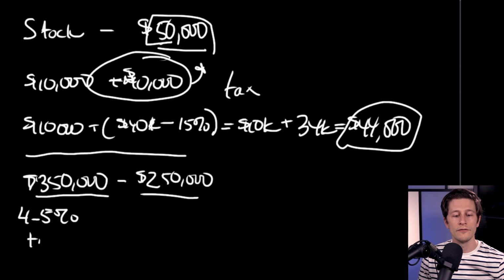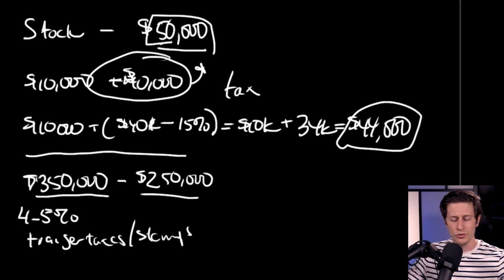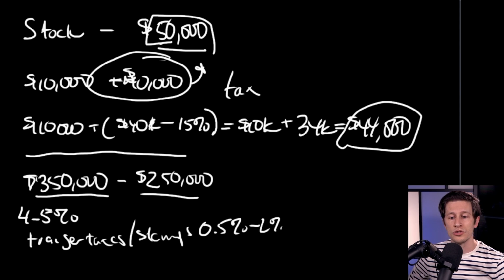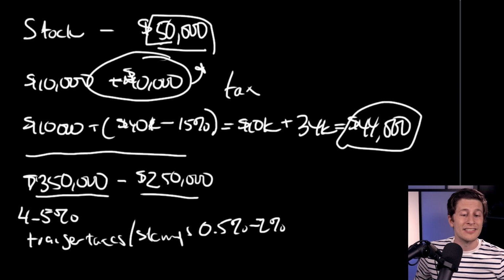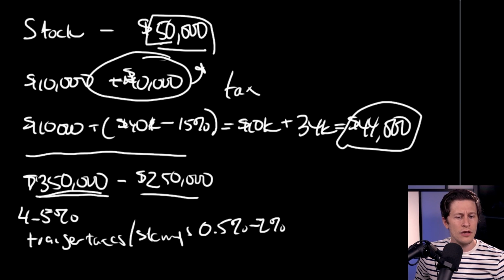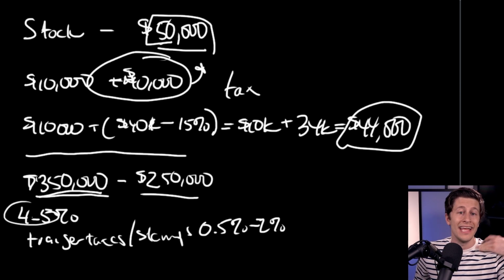Depending on where you live, there may be transfer taxes, sometimes called stamps, and I've seen anywhere from 0.5% up to 2% in different municipalities. There might be other expenses associated with selling. So should you really list the asset at 350, or should you list it as the net of these other things? It's really up to you.